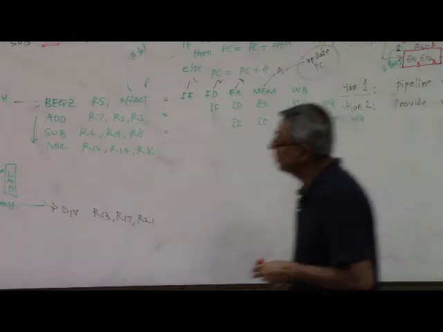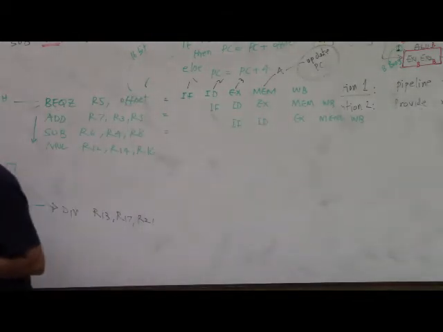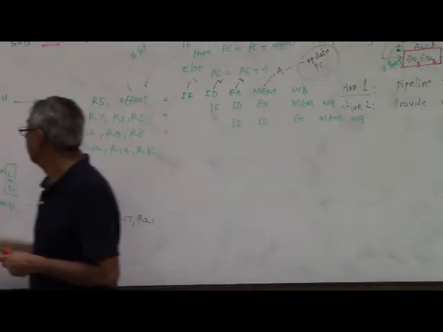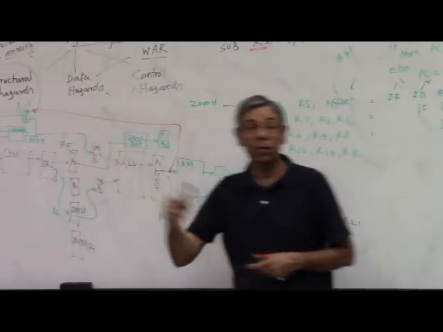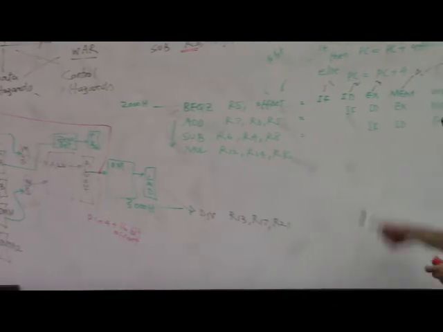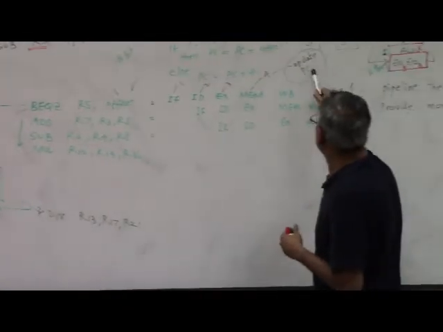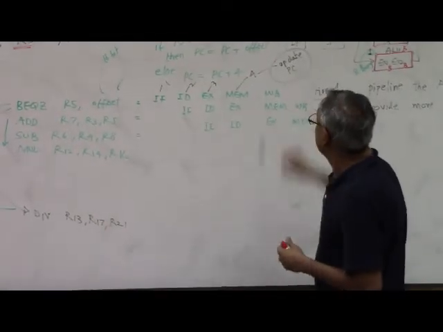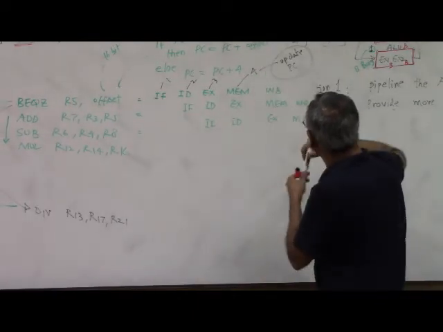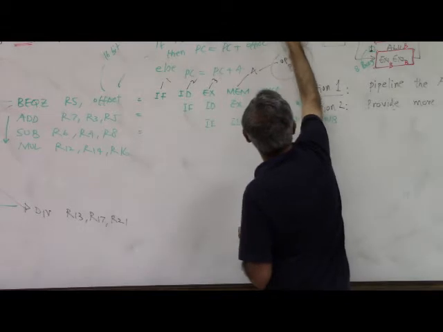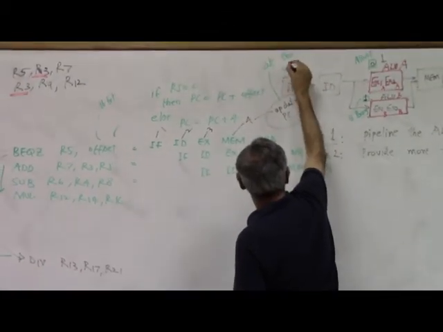If the flag is 0, we will update it to PC plus 4. If the flag is 1, we will update the PC to PC plus 4 plus the target address. So at the end of the 4th cycle is when we update the PC.